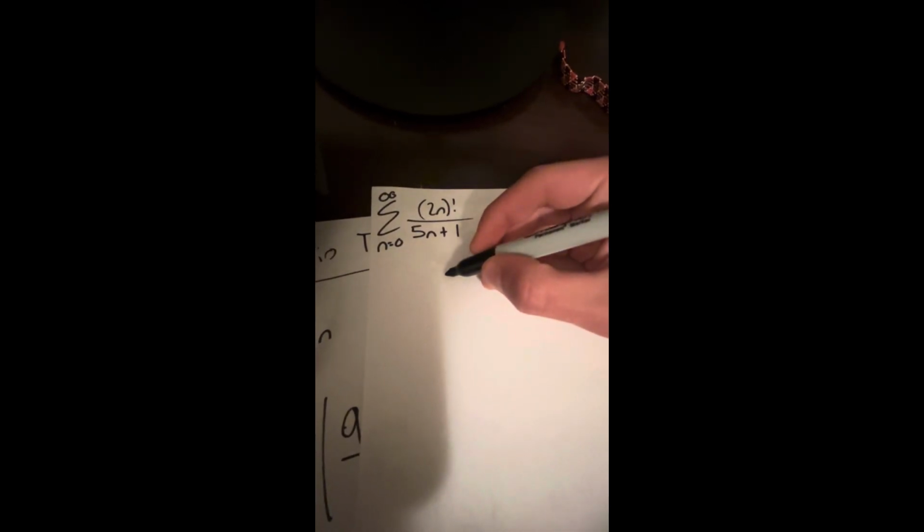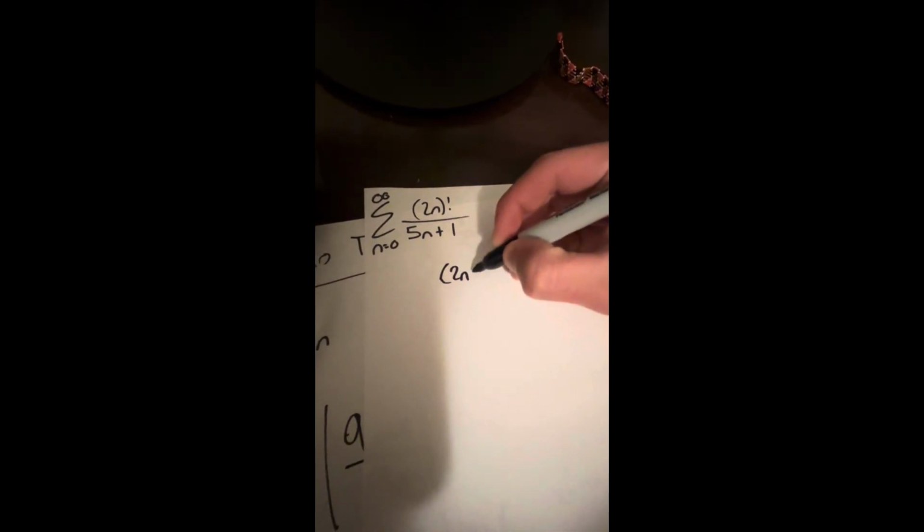Alright, so what you want to do is first, this is a sub n. So what we want to do is get a sub n plus 1, which is 2n plus 2, because this 2 is being multiplied by the n, so it's 2n plus 2, right? And same thing with this 5.